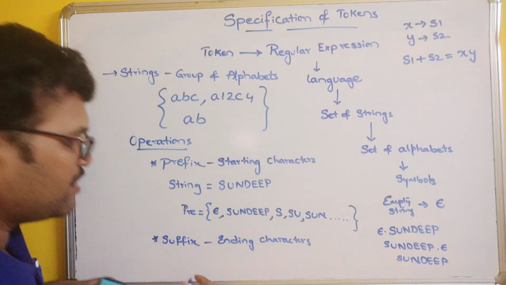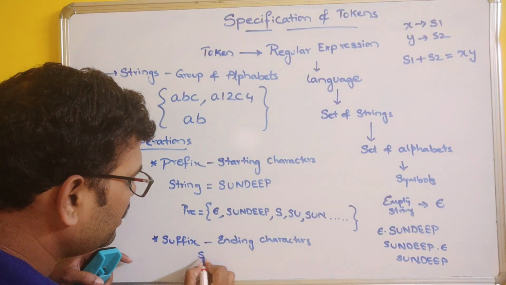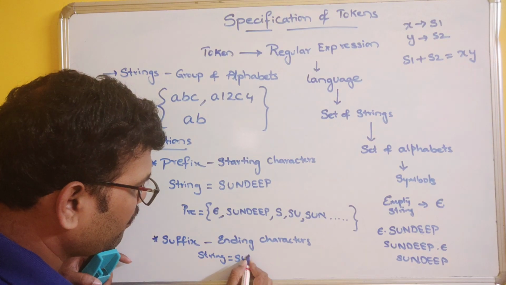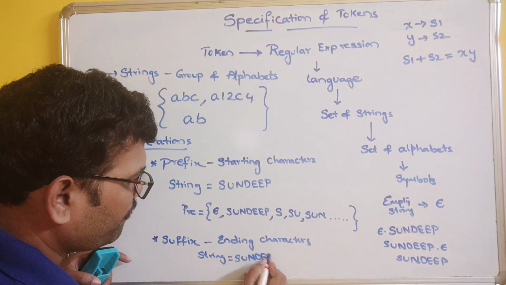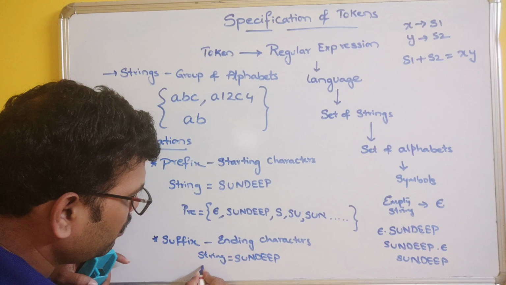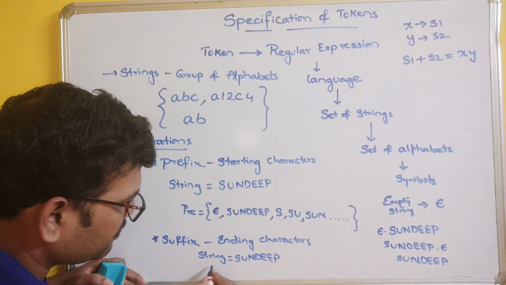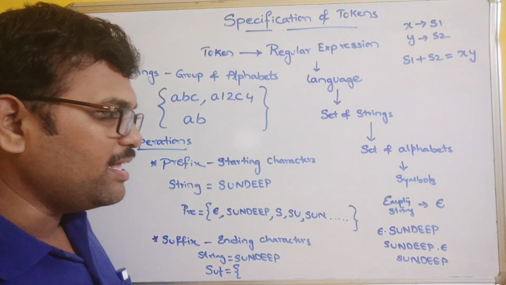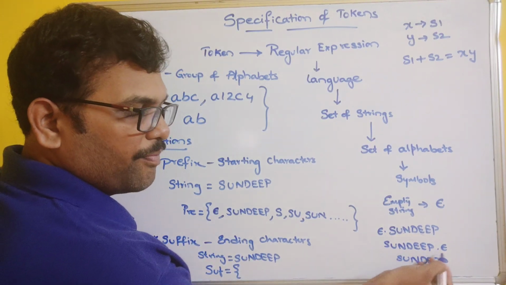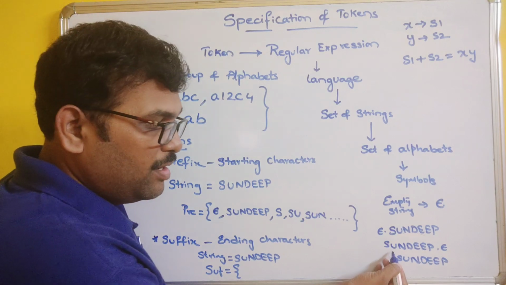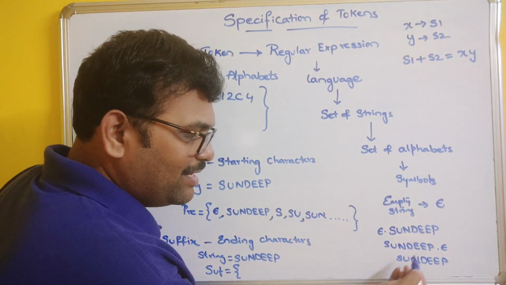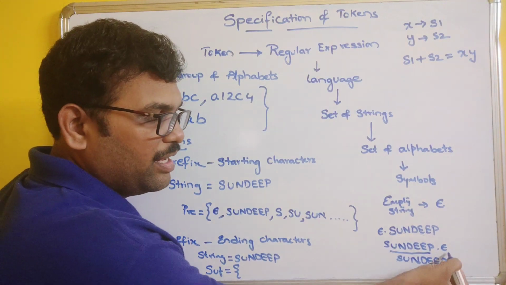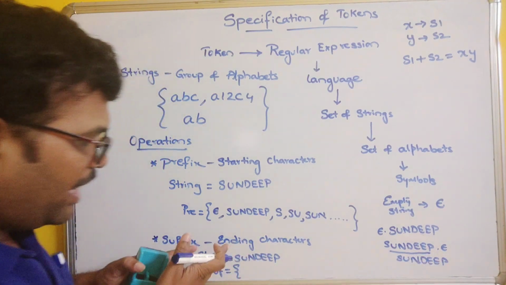Now, what is the suffix? If you consider the complete name as a string, what is the suffix? Epsilon. These are the ending characters.